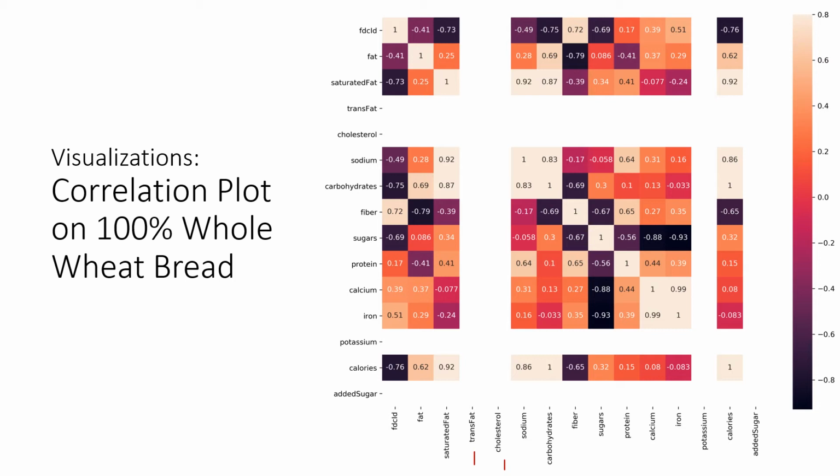But let's go ahead and just disregard that, and we're going to go ahead and focus on the higher correlations of calories to carbohydrates. Ooh, that was a big one. And then calories to saturated fat, calories to sodium, and calories to fat in general.